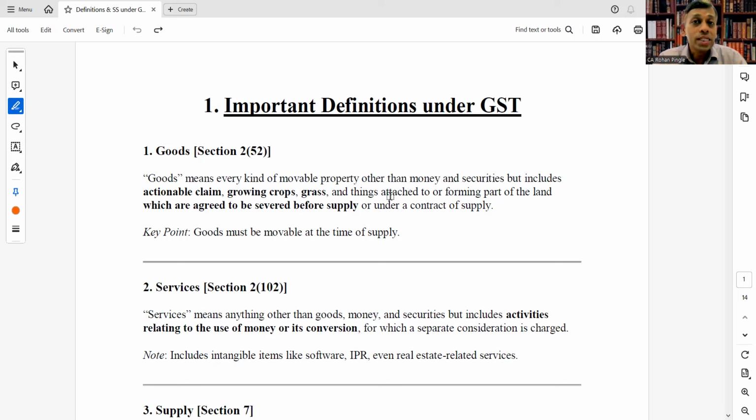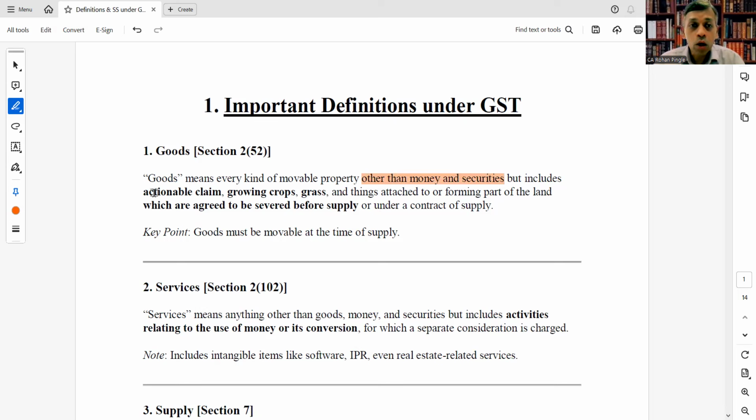Let's understand once again what is meant by goods. Goods means every kind of movable property other than money and securities, but includes what?